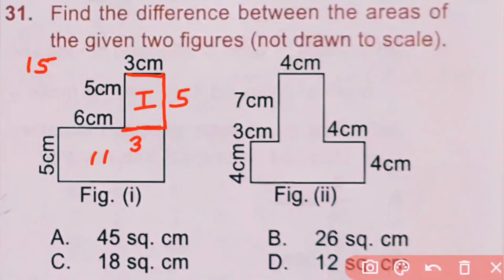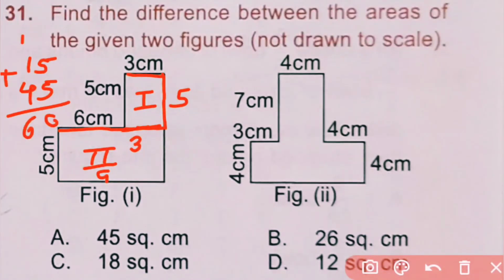Now the area of the second part: this total length is 6 plus 3, 9 centimeter, and this is 5 centimeter, and area of the second part is 9 into 5 means 45, means total area of the figure is 60 square centimeter.